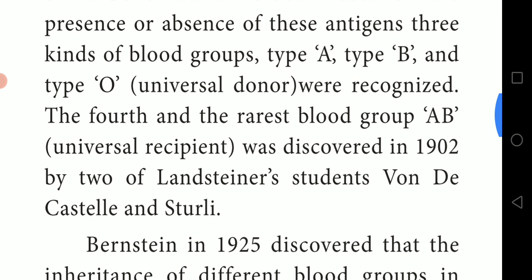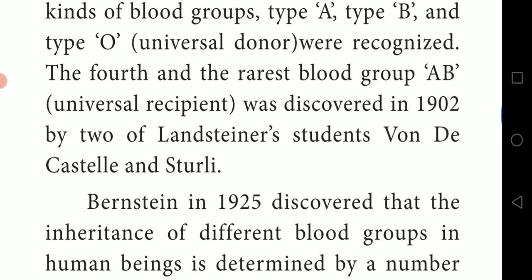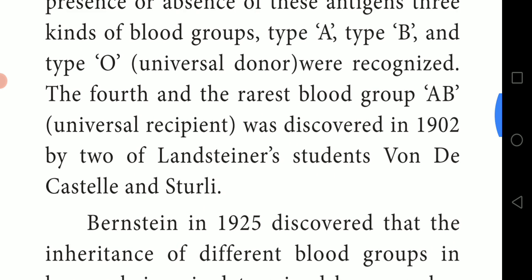The fourth and rarest blood group is AB. The AB blood group is called the universal recipient. What is a universal recipient? The person who has AB blood group can receive blood from all the other blood groups: A, B, O, and also AB. That is why the AB blood group is called the universal recipient. They'll ask you this as a one-word answer, so it is important.